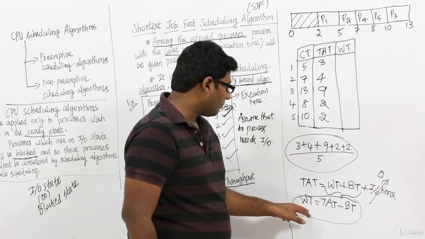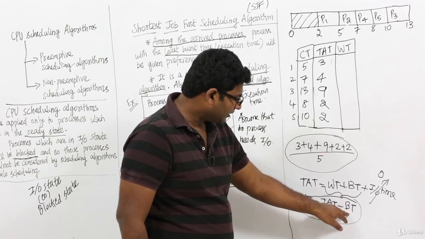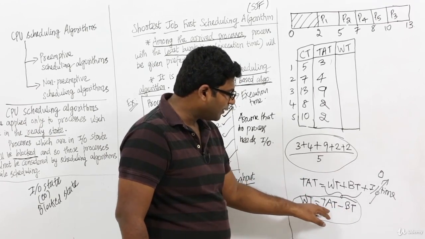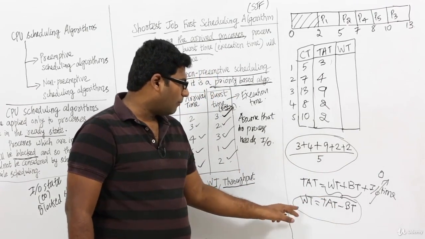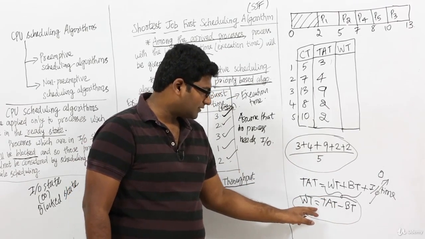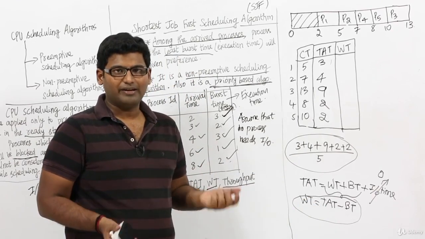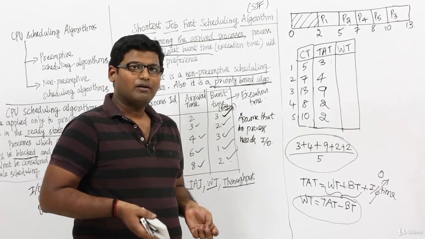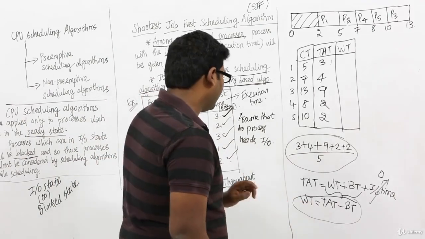Now if you subtract burst time, which means the execution time, from the total time spent by the process in the RAM, you can find out the amount of time spent by the process in the RAM without doing anything productive, which means it is actually waiting to be executed or for IO. From this formula, we can compute waiting time.